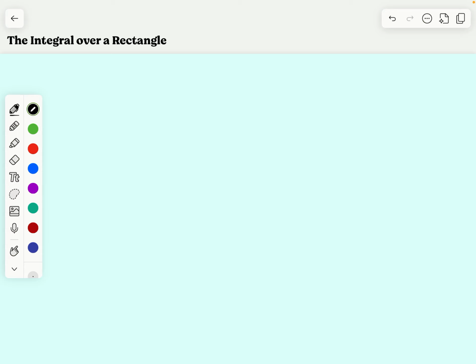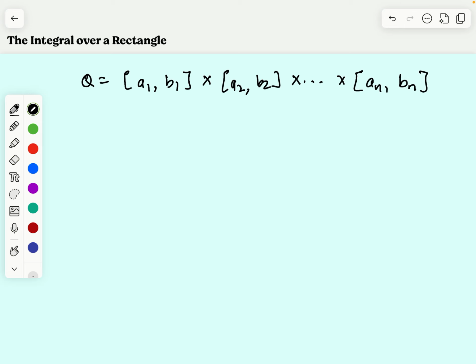So suppose that we have a rectangle Q, which is [a1, b1] cross [a2, b2] cross all the way to [an, bn]. This is a rectangle in Rn. Each of these intervals is called a component interval.